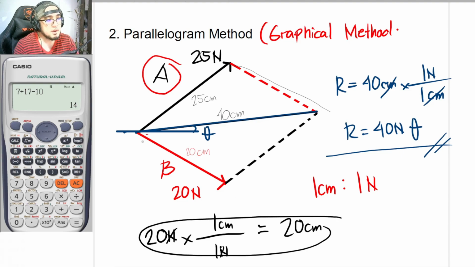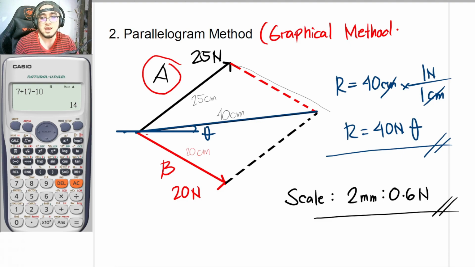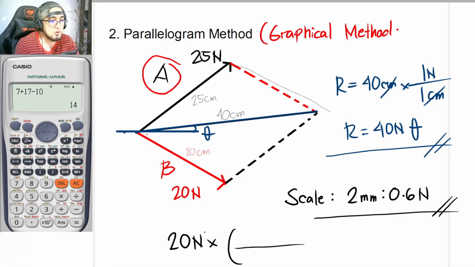But what if, for example, you have chosen a scale of 2 mm for every 0.6 newton, which is very unusual? If you want to draw this line, just write 20 newtons and multiply it by your scale. Since you want to cancel newtons, include 0.6 newtons in the denominator, and since you want millimeters, write 2 millimeters.